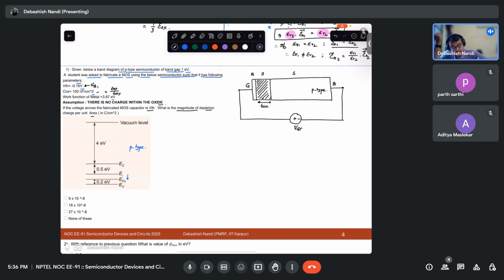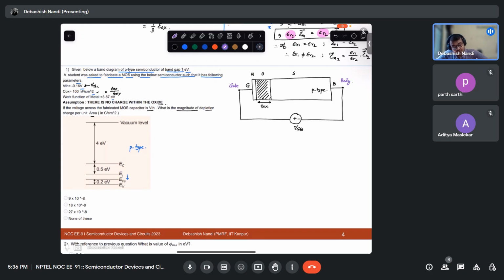Let's say this is VGB. We are not bothered about whether it is VTH or not. Okay. So, do you know why it is called VGB? This is called gate, right? Yes, sir. This is gate and other is body. This is gate terminal and this is body terminal.